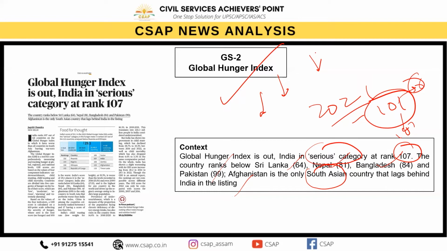So based upon the values of these 4 indicators, the Global Hunger Index determines hunger on a 100-point scale, where 0 is the best possible score, that is no hunger, and 100 is the worst. Each country's GHI score is classified based upon its severity, from low to extremely alarming. So यहाँ पे, if I see the global scenario, the fight against hunger is dangerously off track.